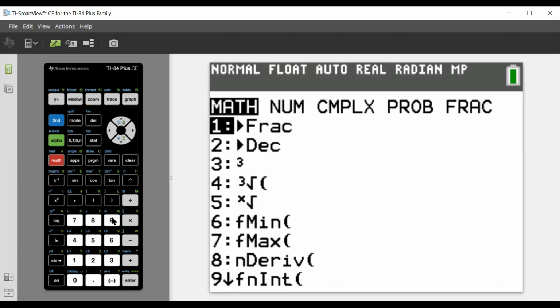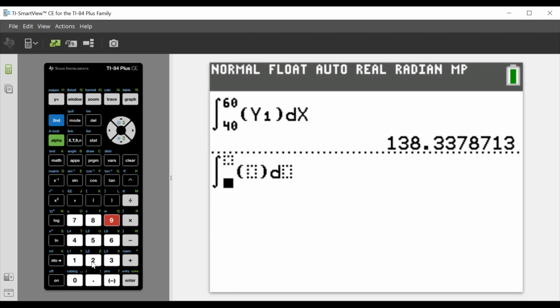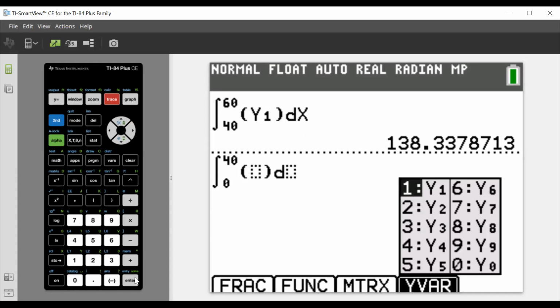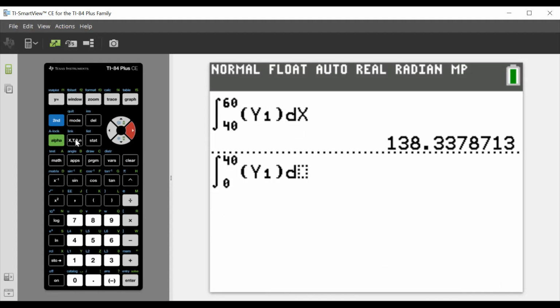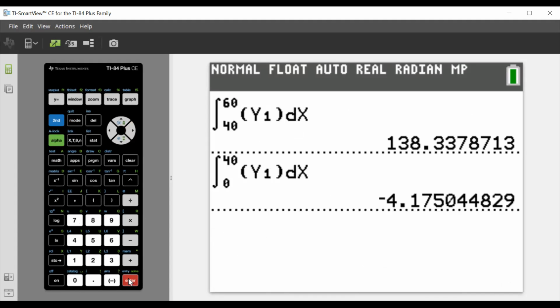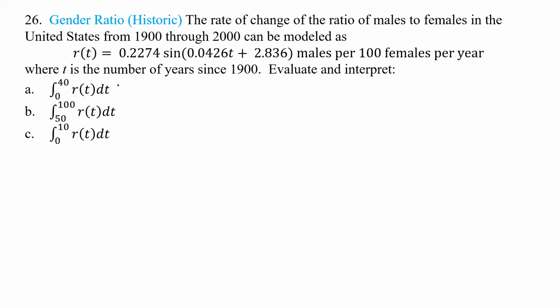So we want math 9. As the first one said, go from 0 to 40 for our y1, and then we want x, and we get our value, negative 4.175. So this is equal to negative 4.175 males per 100 females.